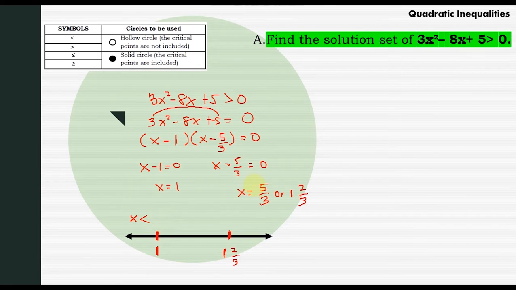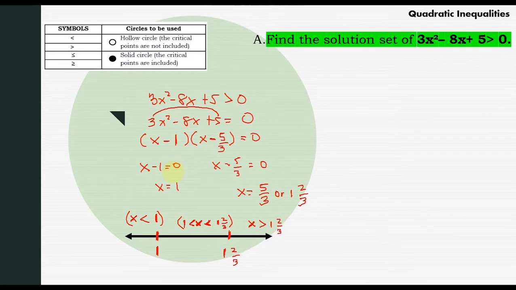On the middle part of our number line, the interval here is x is greater than 1 but less than 1 and 2/3. Let's put some parentheses here so you can identify those intervals. And on the right side, this is going to be x is greater than 1 and 2/3.